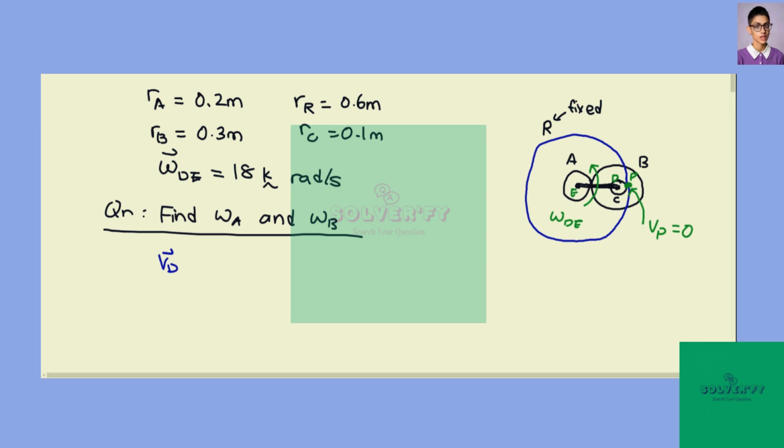First we can find Vd. This is omega DE cross Rd, which is 18k cross 0.5i, so this is 9j meters per second.